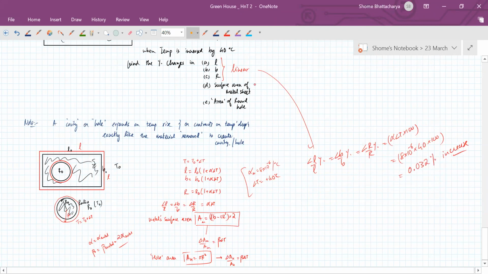Okay, so now these two quantities, their areas, for both D and E part.